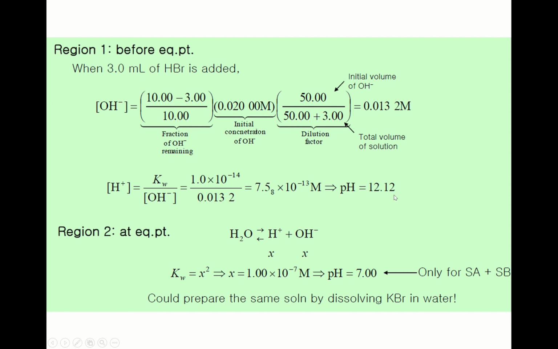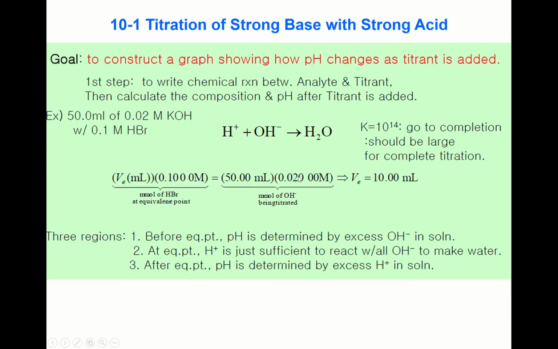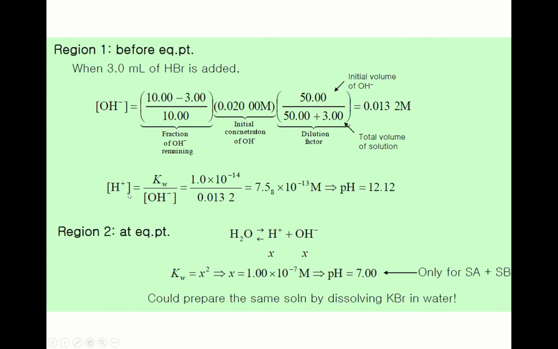By the way, what is the initial pH here? The initial hydroxide ion concentration is 0.02. First you calculate the pOH, or you can calculate the proton concentration. In this case, we use 0.02 for the initial pH calculation, and it will be greater than 12.12.